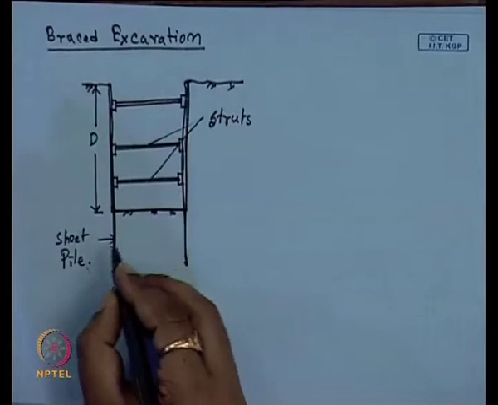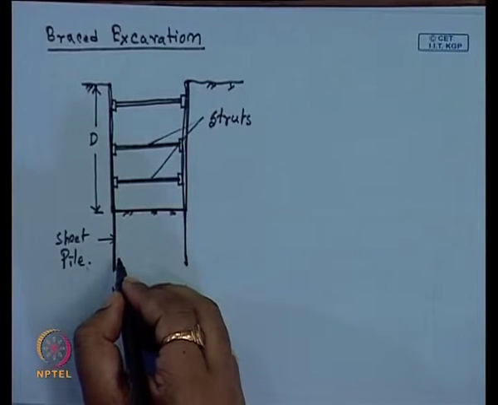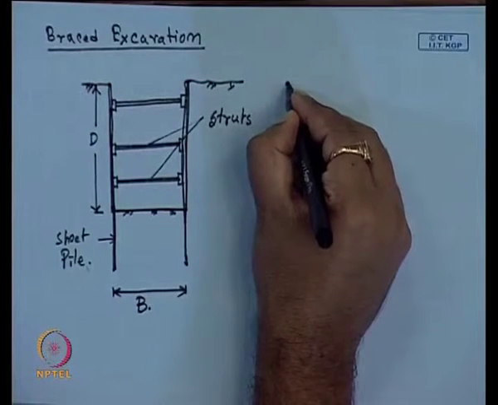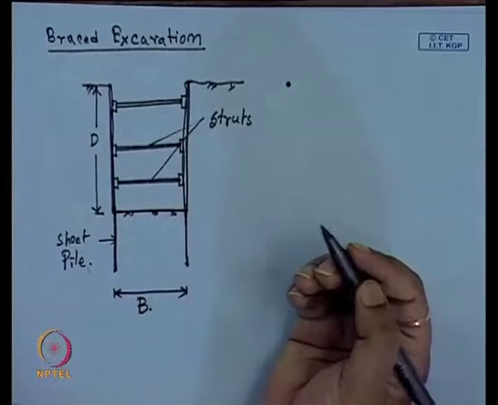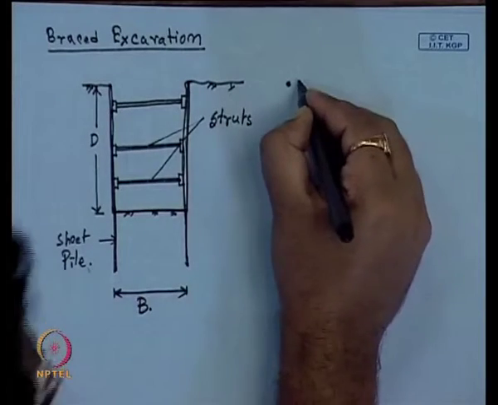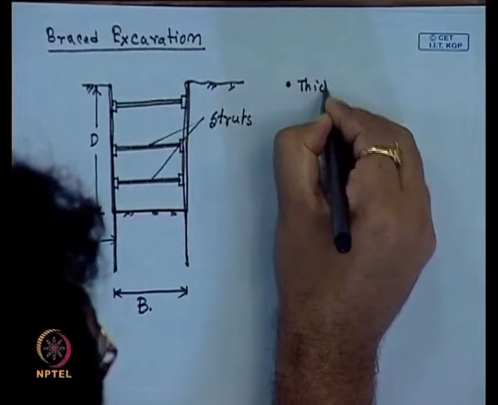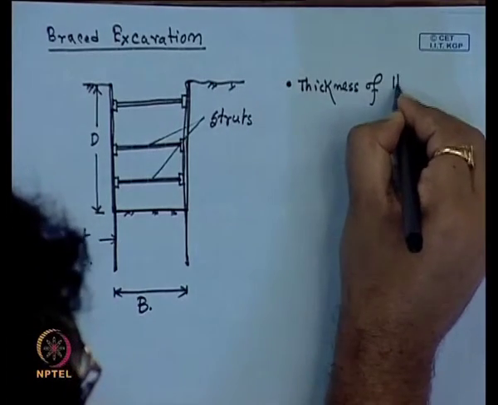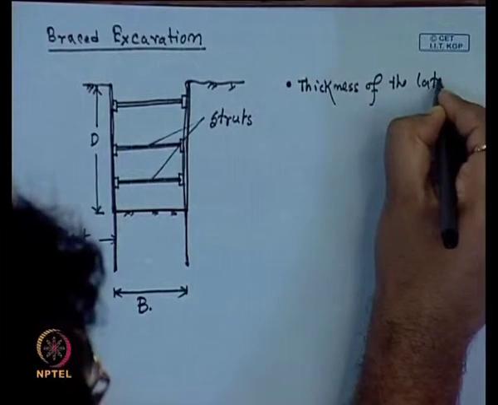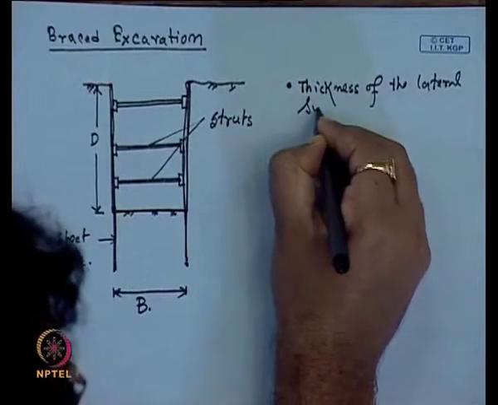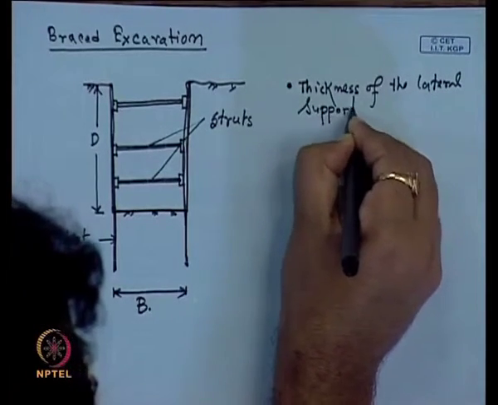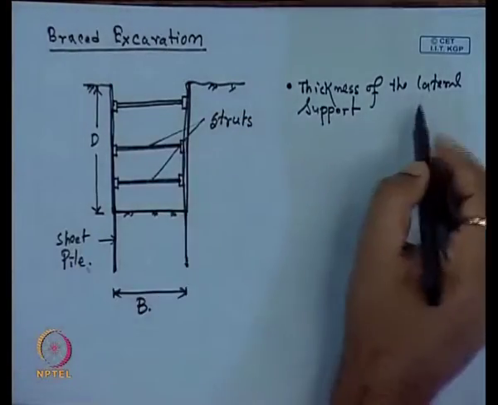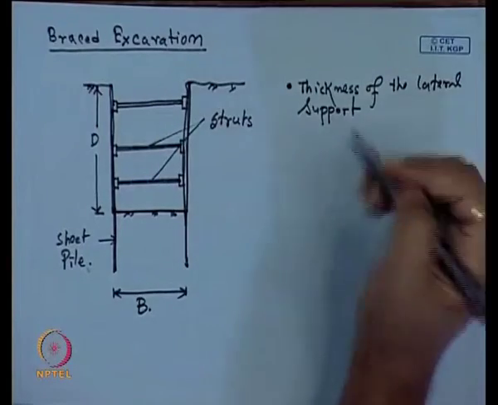Now, what are the very important design parameters? One design parameter is the thickness of the sheet pile, or the thickness of the lateral support.